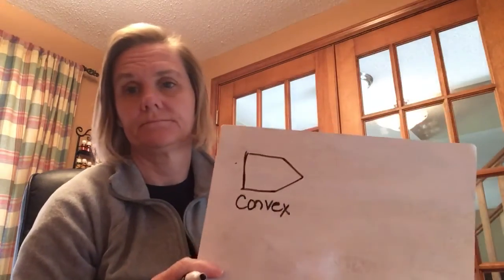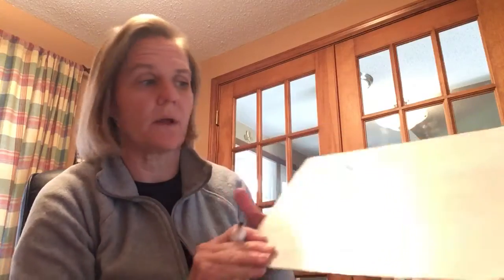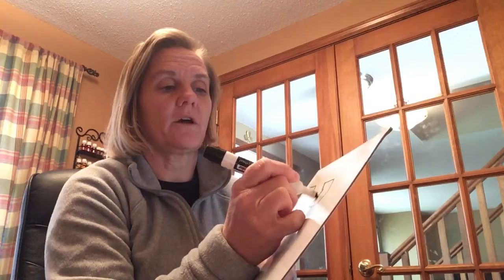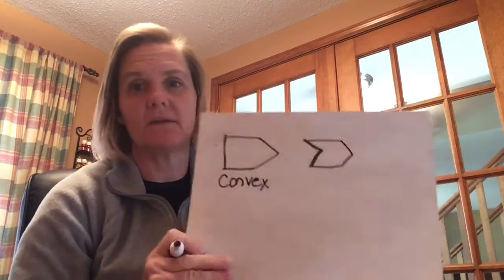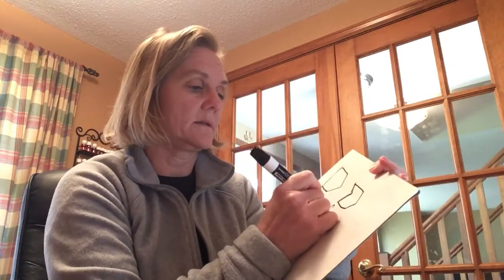So this is just convex. It just means that all the shape is right where it is, the lines are right where they need to be. But if my shape decided to go inside the shape, then we call that concave. Just think of a cave. You walk inside of a cave. So this one is concave.